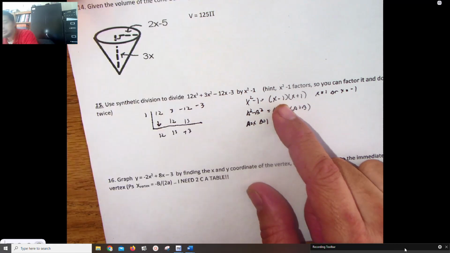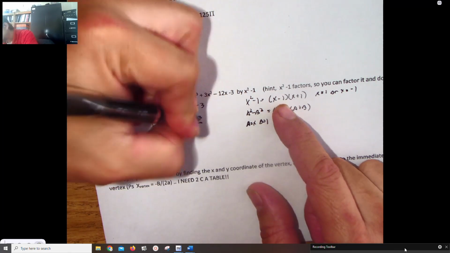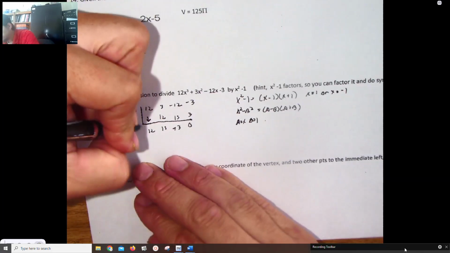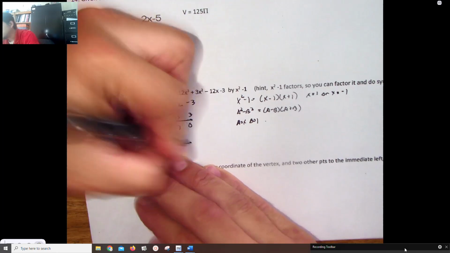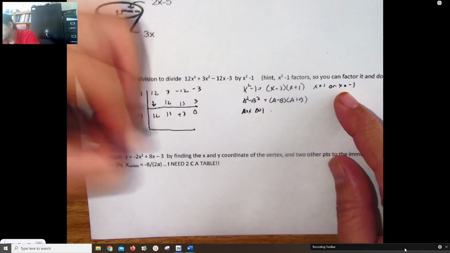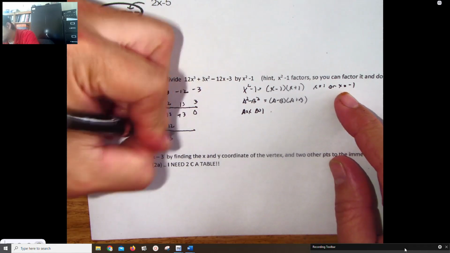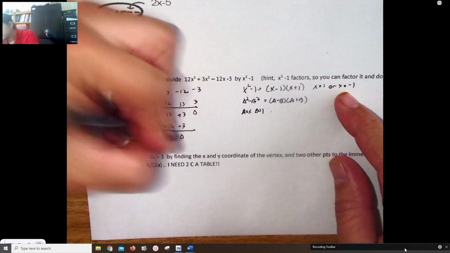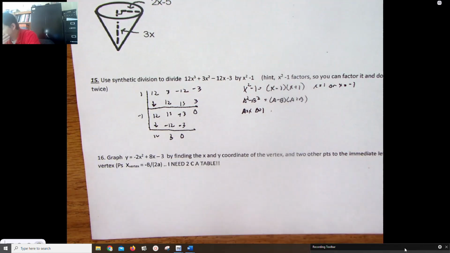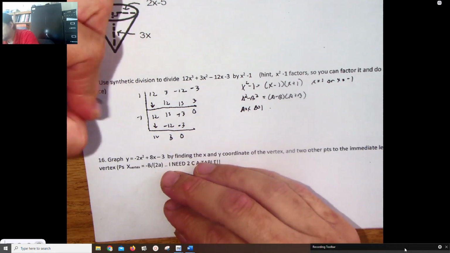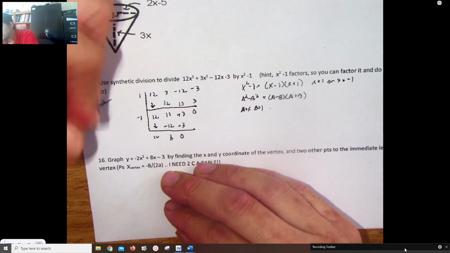That should be positive 3, shouldn't it? And I multiply, and I add. And then I'm going to go ahead and do it again. But this time I'm going to use the negative 1. And I drop, and I multiply, and I add, and I multiply, and I add. And we're going to do this to factor completely. I need to modify the instructions.